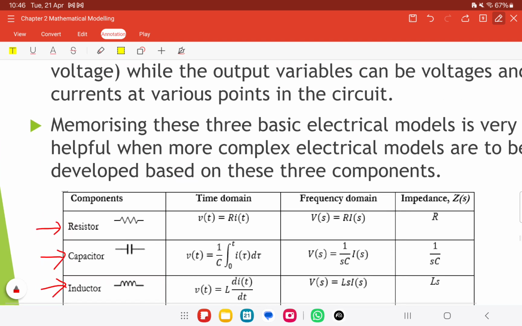Normally we write the voltage source as VS. Voltage, active or passive? Voltage VS, or V supply, it will be active, because in order for current to flow, it must have a voltage supply. Okay.